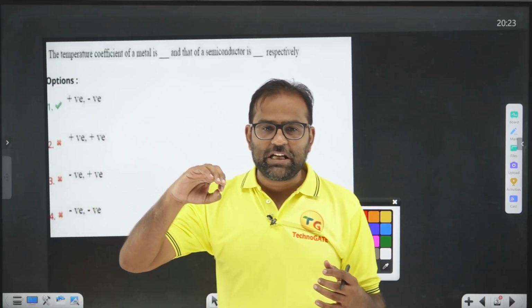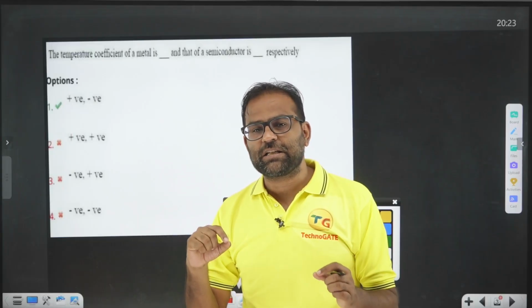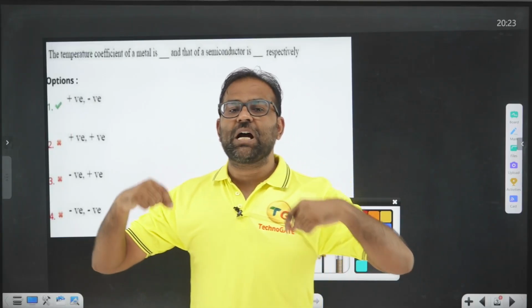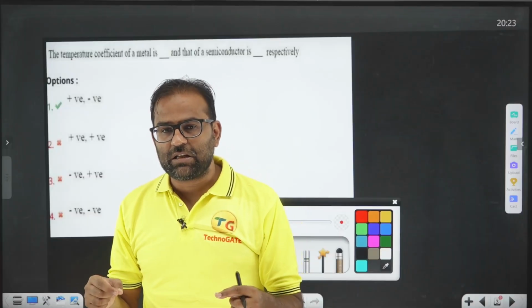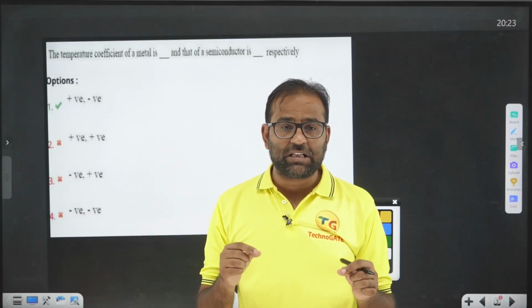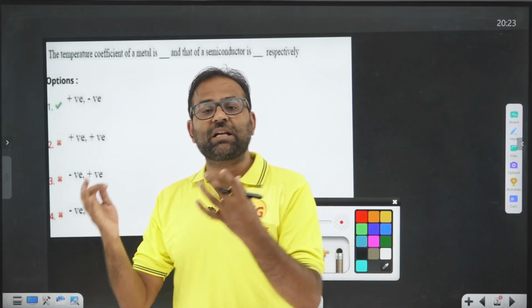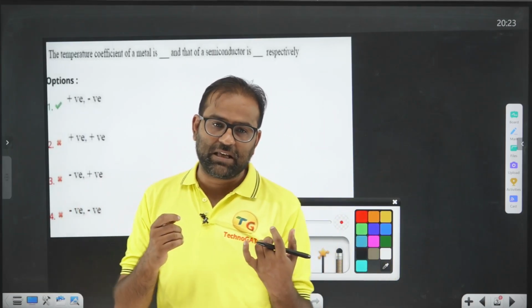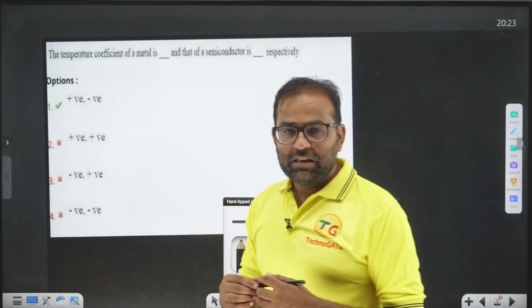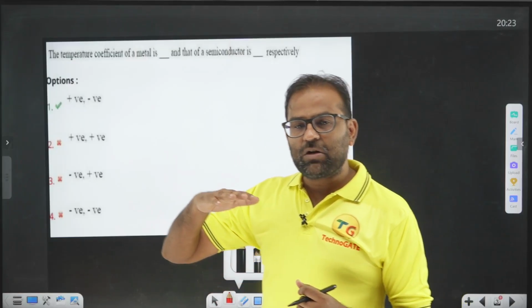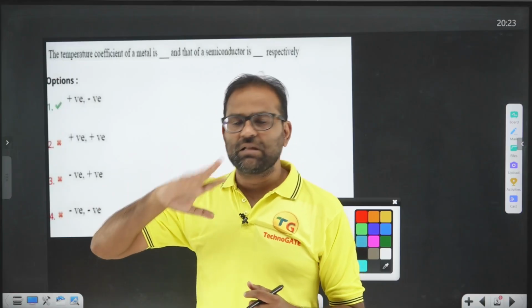That is known as EHP pair. If it releases EHP pairs, the number of charge carriers in the material has increased. If the number of charge carriers in the material is increased, then you are having more charge carriers in comparison to the previous case. So the resistance will decrease.